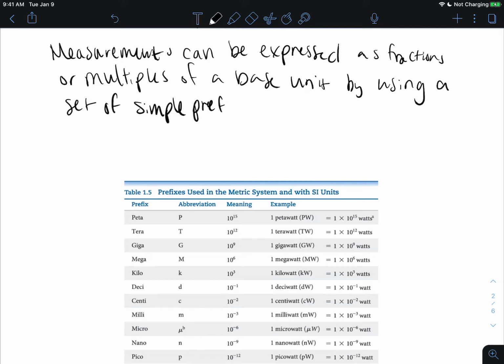And these prefixes themselves are going to be base 10, so they're all going to be multiples of 10. The prefix precedes the base unit, and it basically tells you how you're going to treat that base unit. Are you going to multiply that base unit, or are you going to divide that base unit?